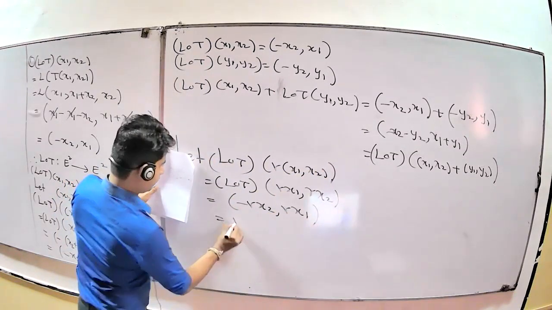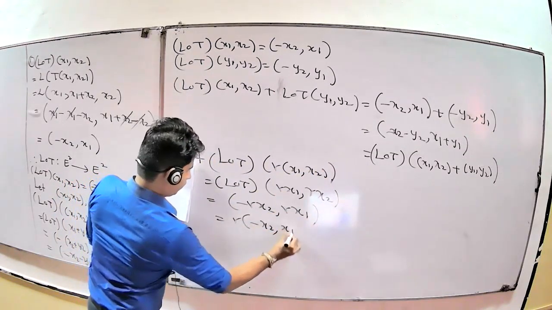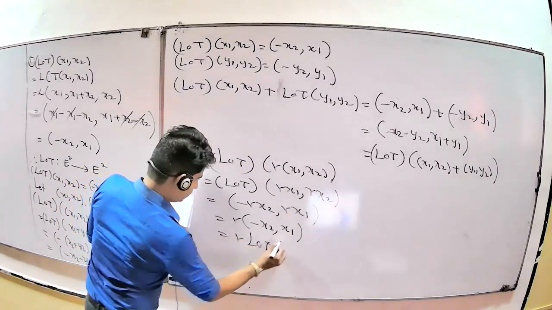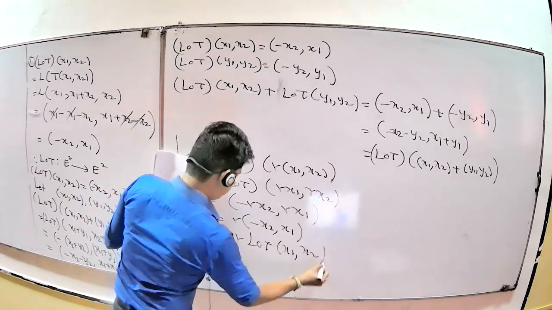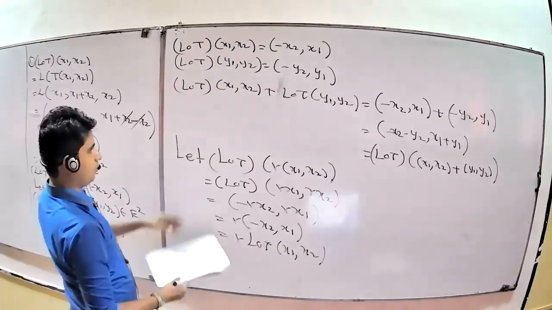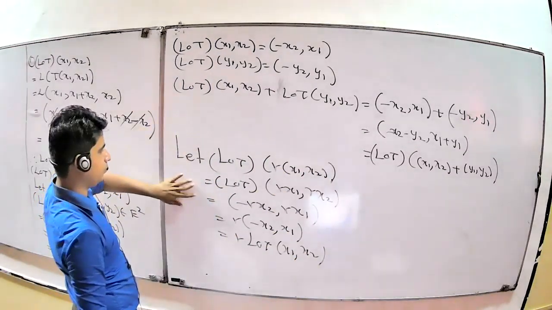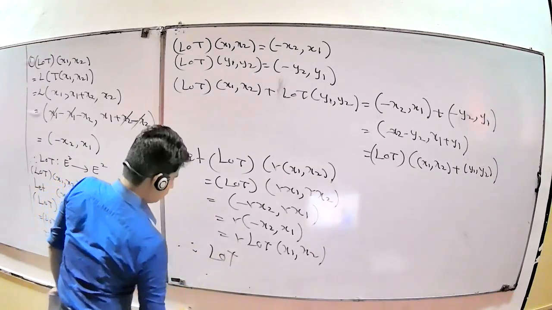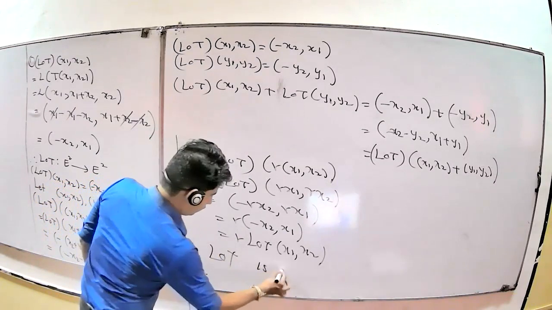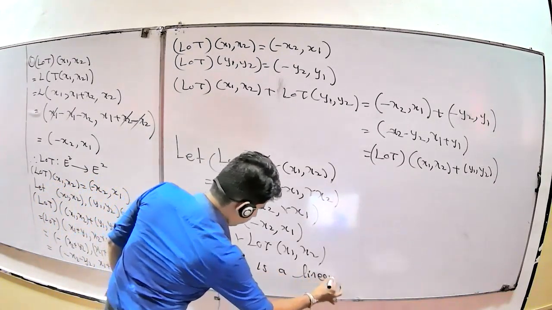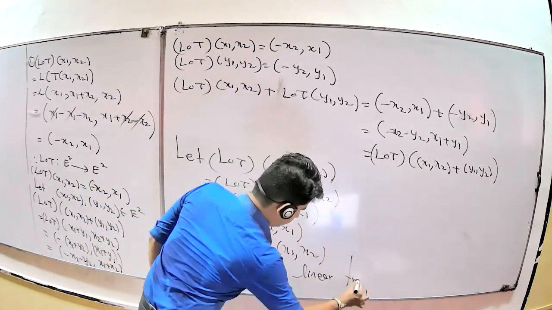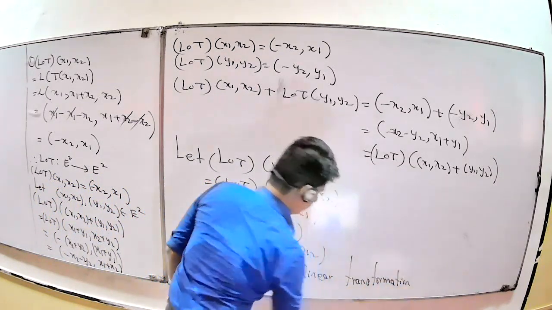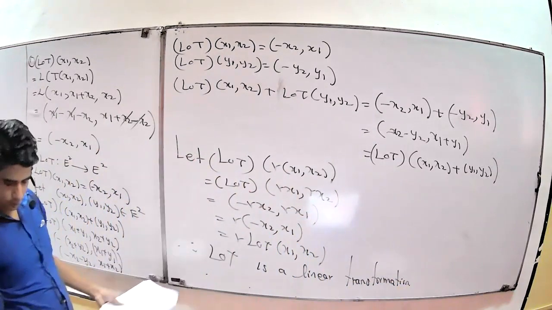Taking r outside, this is r times L composition T of x1, x2. Vector addition and scalar multiplication are both satisfied, therefore L composition T is a linear transformation.